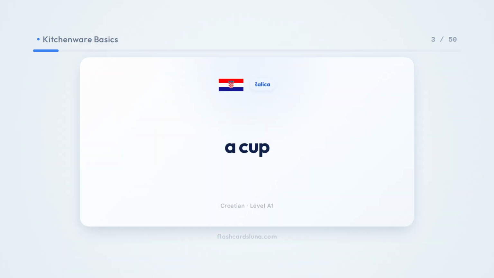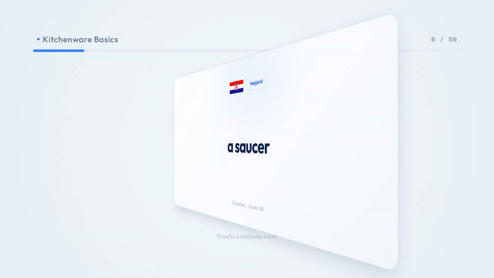A cup. Šalica za kavu. A mug. Čaša. A glass. Tanjurić. A saucer.